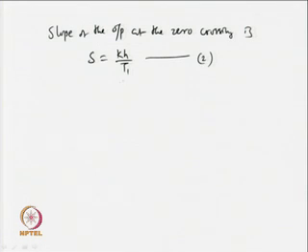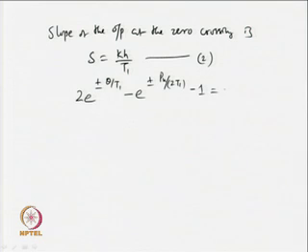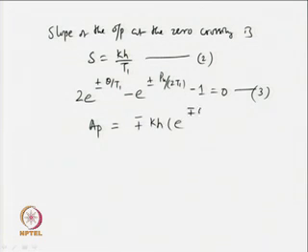S is equal to Kh upon T1, then 2 e to the power plus minus theta upon T1 minus e to the power plus minus pu upon 2 T1 minus 1 is equal to 0, which is given the equation number 3, and the peak amplitude given as minus plus Kh times e to the power minus plus theta upon T1 minus 1 is given as equation number 4.